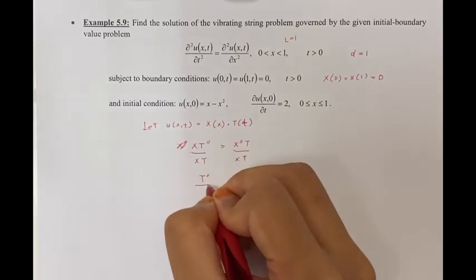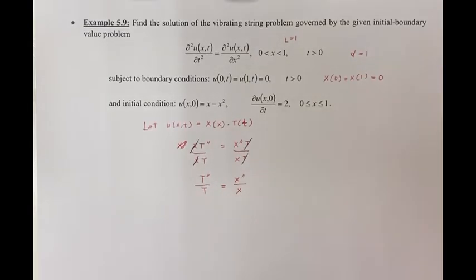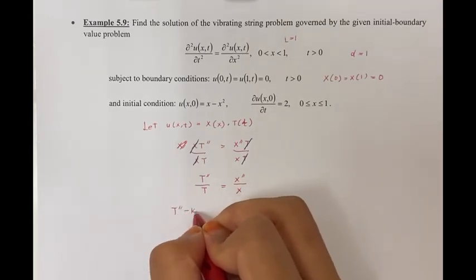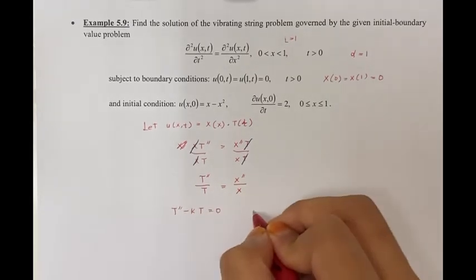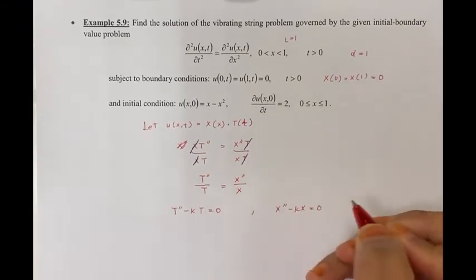So T double prime divided by T equals X double prime divided by X. So the two ODEs are T double prime minus kT equal to 0 and X double prime minus kX equal to 0.